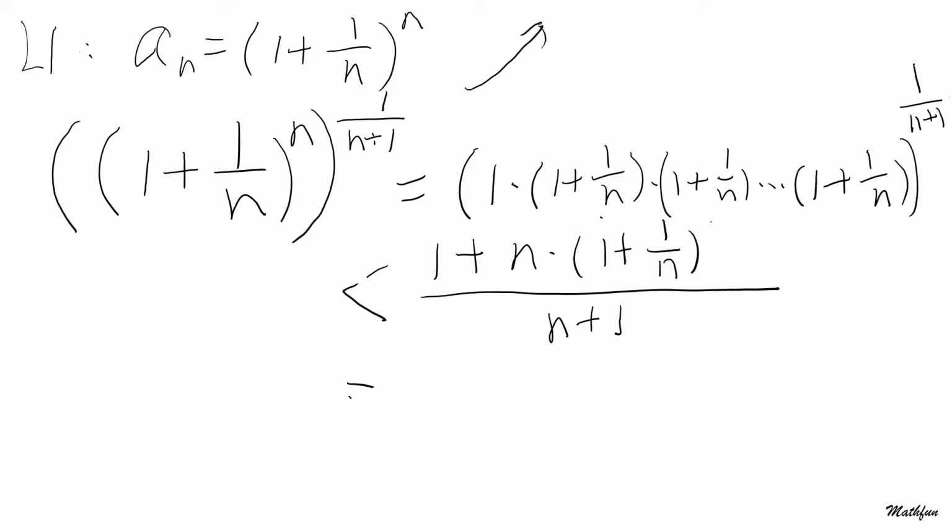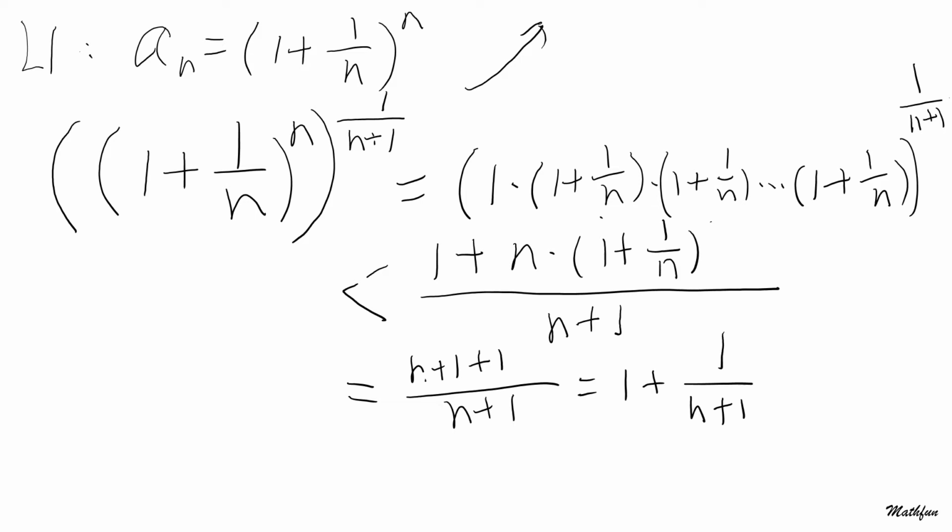That will give you n plus 1. On top of it, n times 1 is n, times the reciprocal n is 1, so you have n plus 1, and then plus the other one out here. That will give you 1 plus the reciprocal of n plus 1.